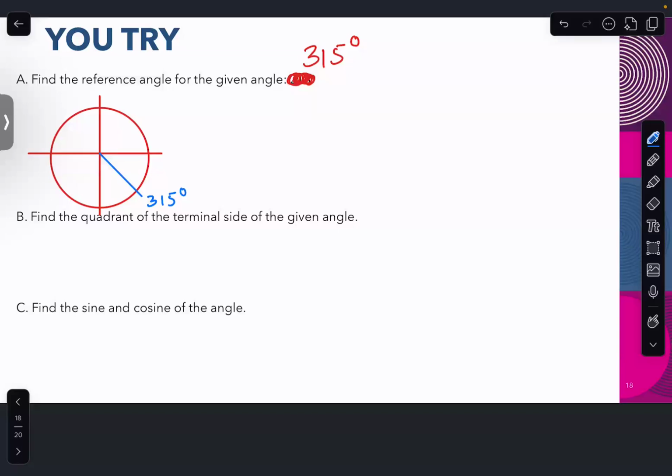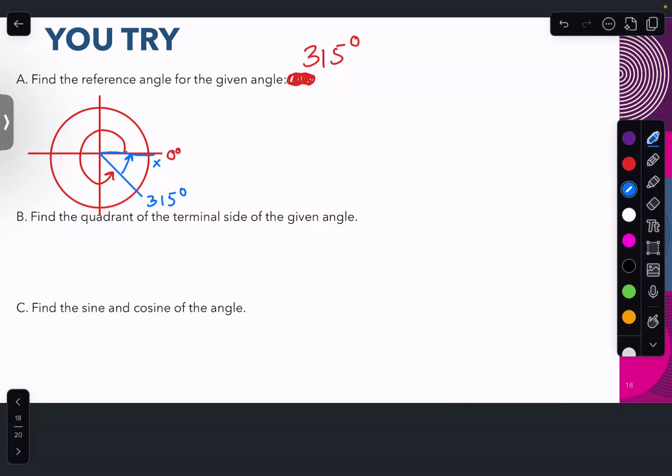Now I need to figure out what the reference angle is. So even though to form that original angle, I went from 0 all the way around, the angle that I'm using to reference will be the one formed here from my terminal side, which is that blue line, to the x-axis.